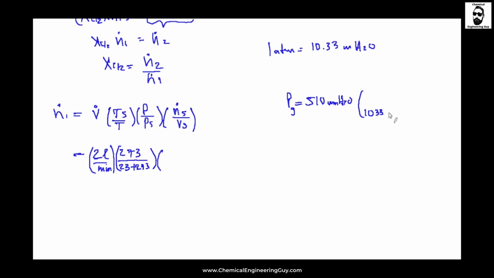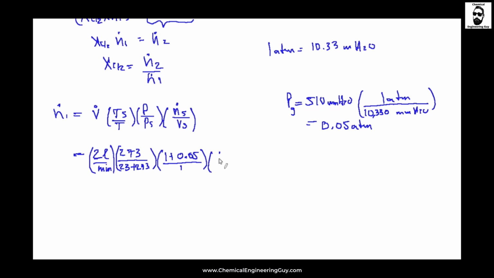10.3 to 1 atmosphere, and you get, let me check the value, 0.05 atmospheres. But that's gauge, so our pressure will be 1 plus our gauge value divided by 1.